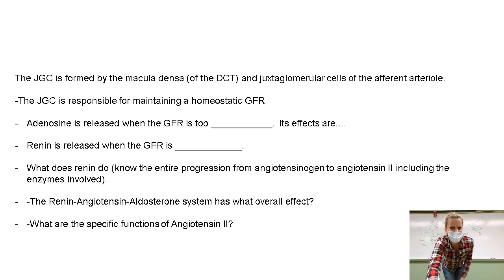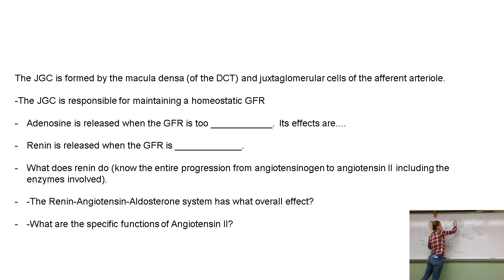It's formed by cells of what's called the macula densa and then the afferent arteriole. So the afferent arteriole, you guys already know. The cells that we refer to as macula densa, those are right here as part of the distal convoluted tubule.